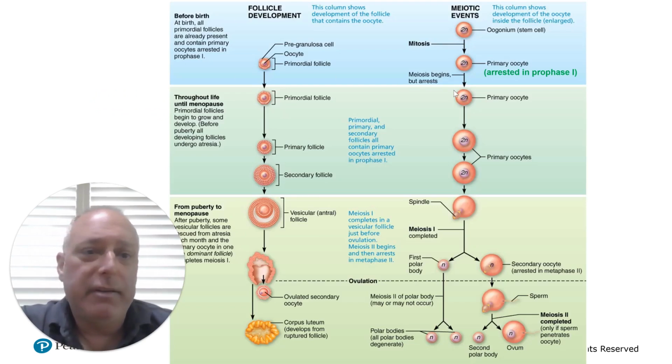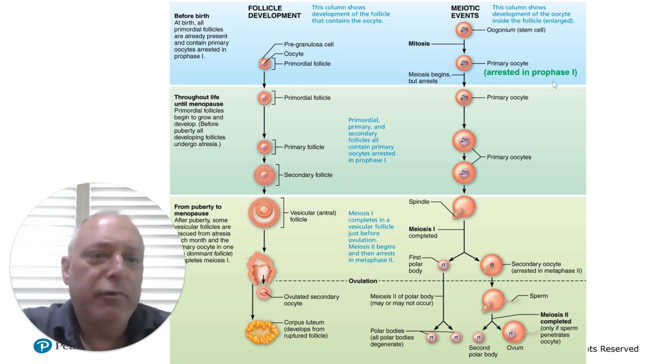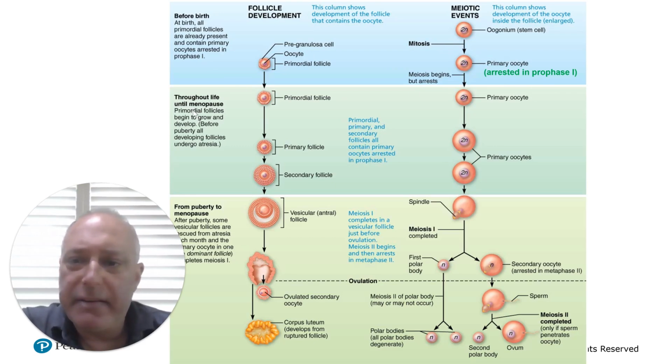Okay, we have side by side showing meiosis, results of the ovary itself and the follicle, and then the ovum. So we see that before birth, the cells in the female will arrest in prophase 1. Then at each cycle, there is a primordial follicle, which then develops to a primary follicle.